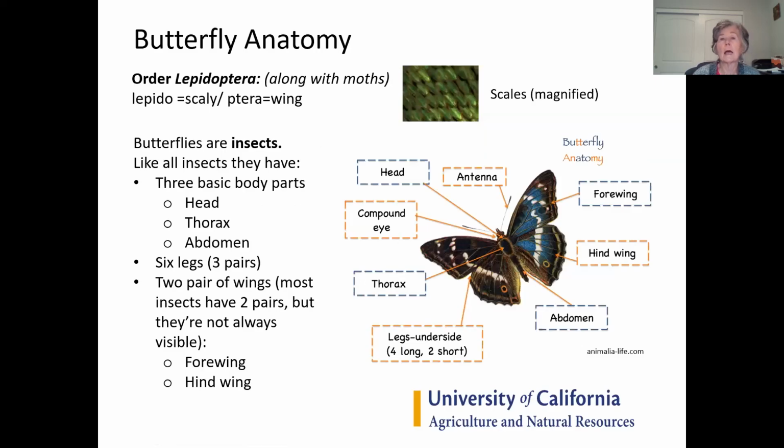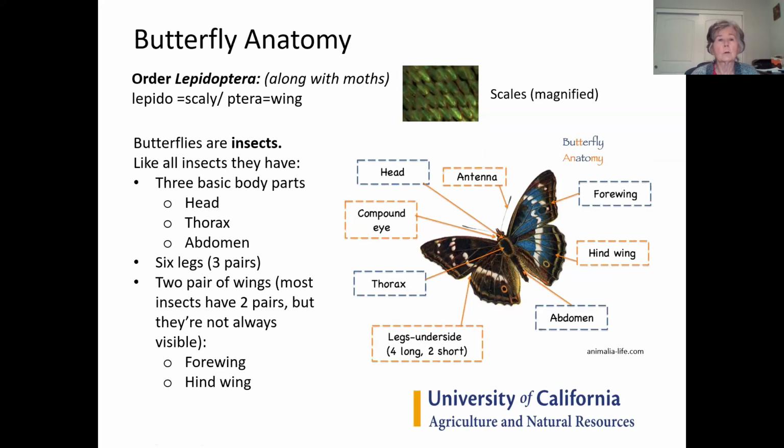Okay, butterfly anatomy. Butterflies are part of the order Lepidoptera, along with moths. Lepido in Latin means scaly. The ptera means wing, so it's a perfect name for them. They are insects. Like all insects, they have the three basic body parts: the head, the thorax, and the abdomen, and they have 6 legs. 2 pairs of wings.